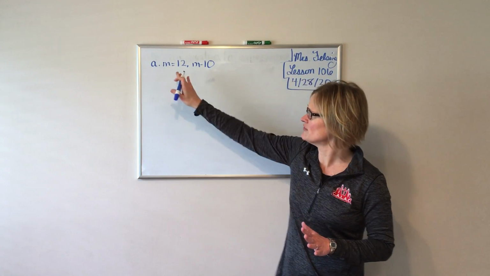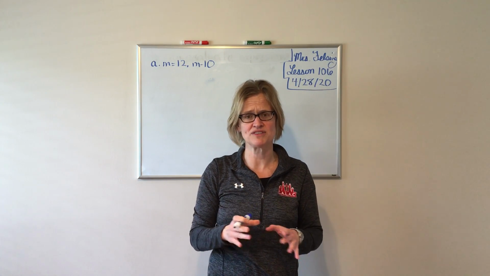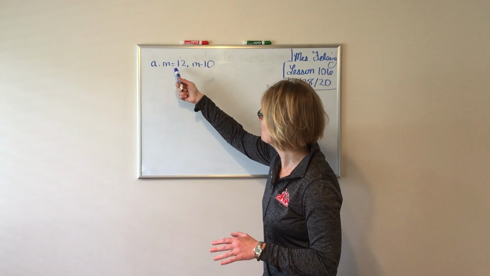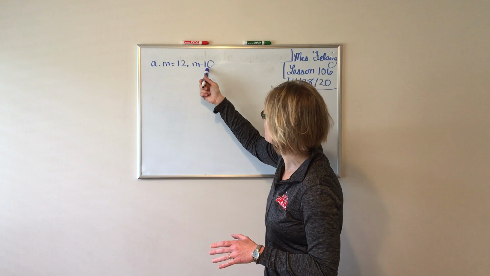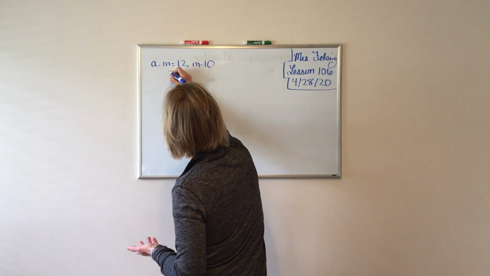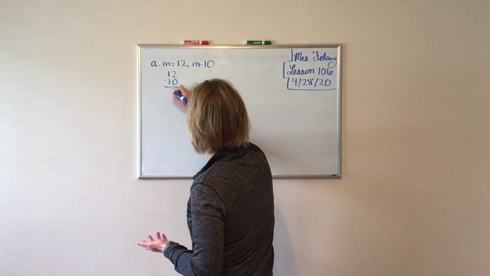The reason why I'm having you write these things down first is so that you understand what are the important parts of this problem. Otherwise, this whole sentence doesn't make sense. So basically, m equals 12. The problem is m minus 10. Well, now we plug in 12 for m. 12 minus 10, the answer is 2.